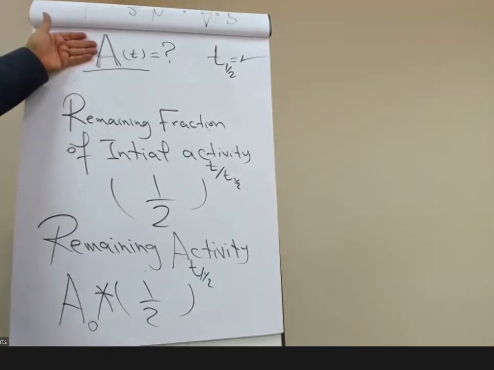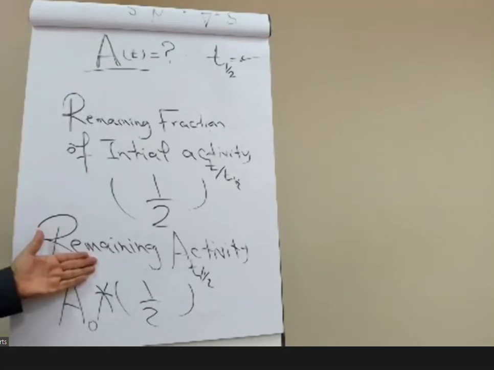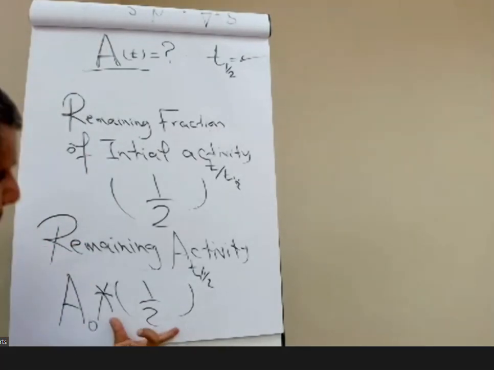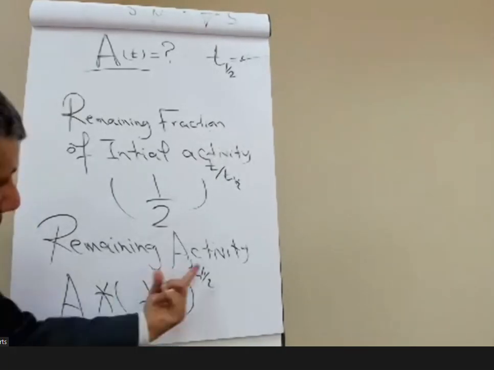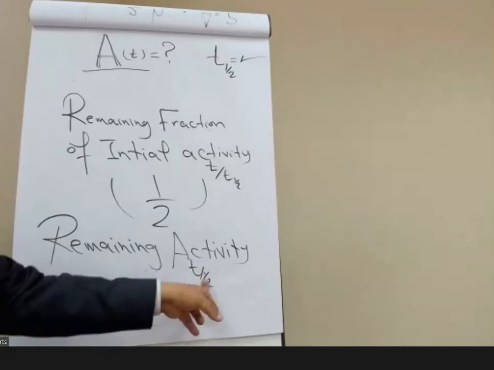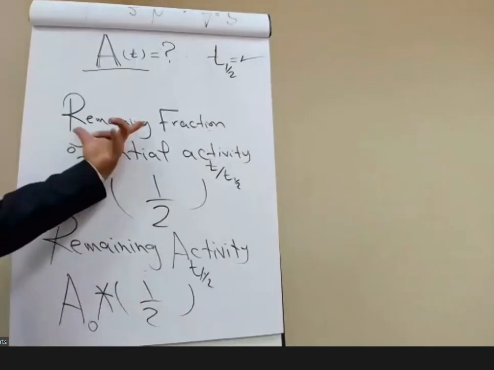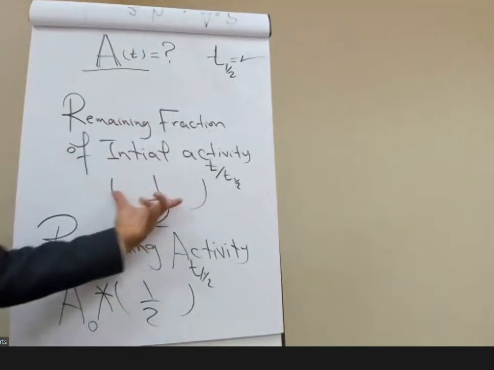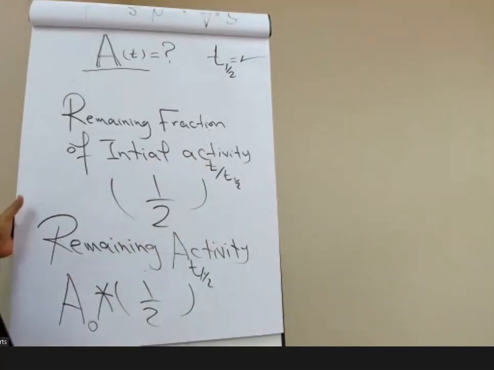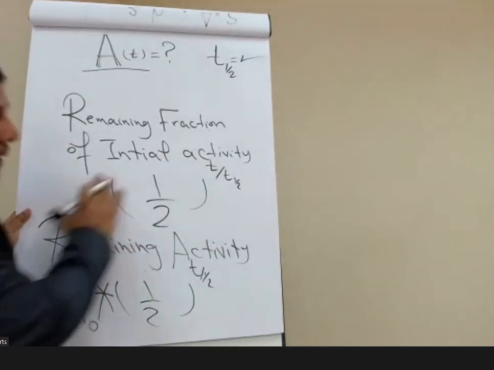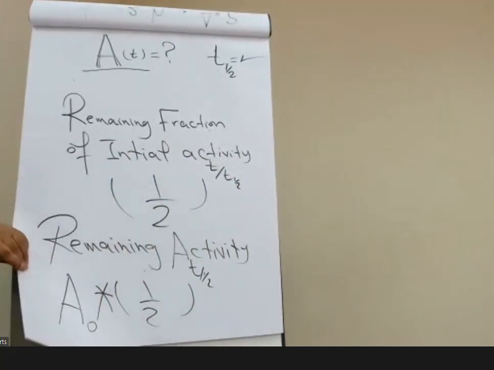So at any time, you can calculate the remaining activity if you multiply the initial activity by the remaining fraction. This is the remaining fraction of activity after time T for a source with half-life T half. If you need only the remaining fraction, this is it. Remaining half, remaining 0.3, remaining 0.1, whatever, you will have it. It's clear? Okay.